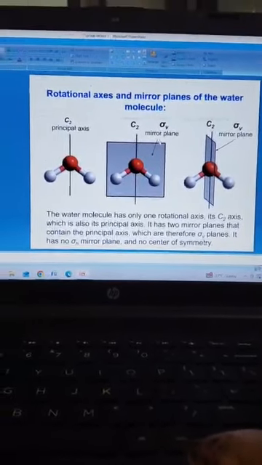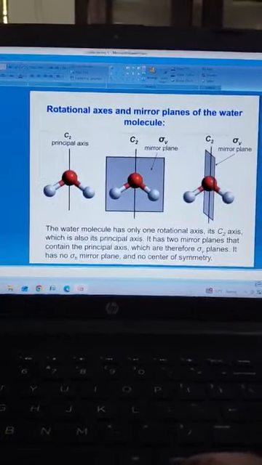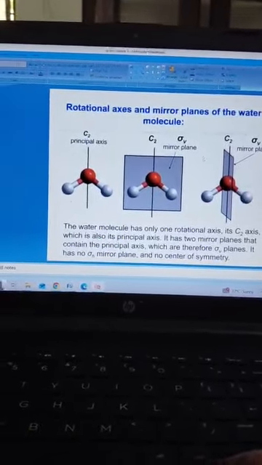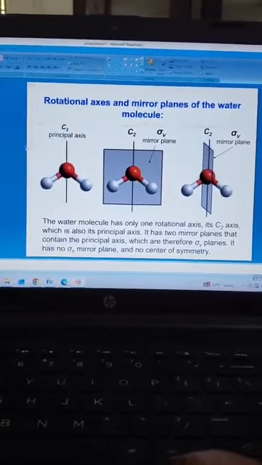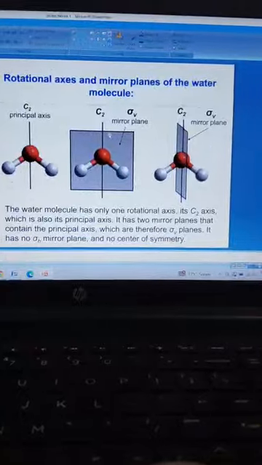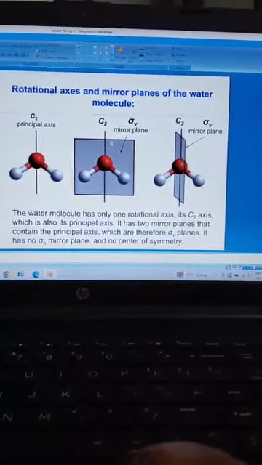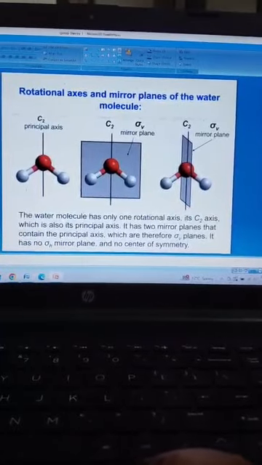So we can say in this molecule there is a presence of a vertical plane. If we pass a perpendicular plane through the principal axis, then we don't get an equivalent structure. So we can say in this molecule, that is in water molecule, there is no horizontal plane.